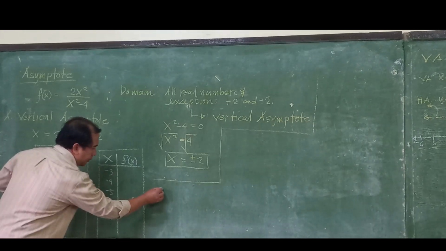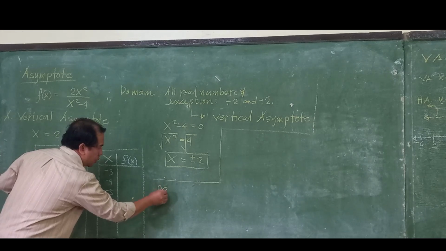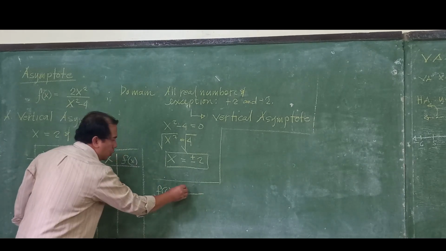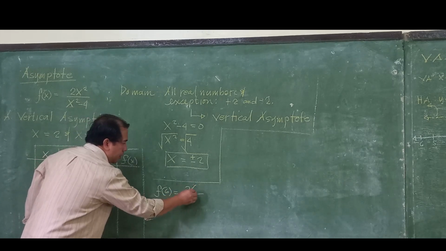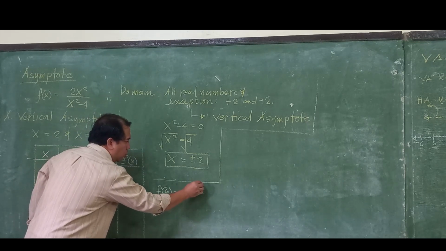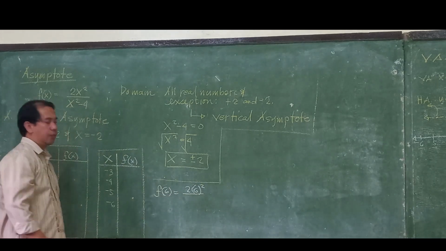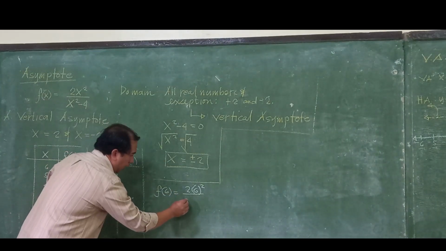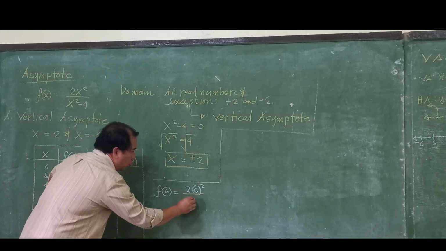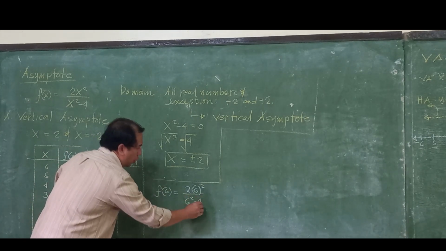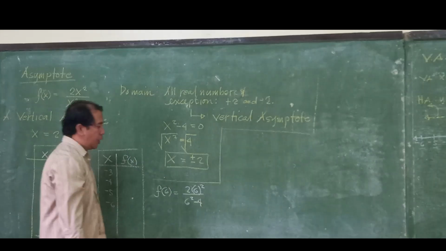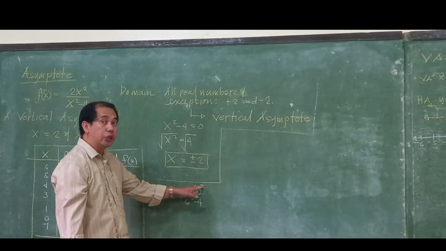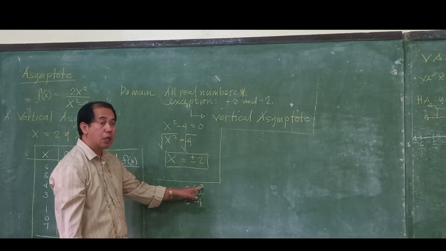So we have f of 6 is equal to 2 multiplied by 6 raised to 2, over 6 raised to 2 minus 4. Let's continue. 6 raised to 2 is 36.